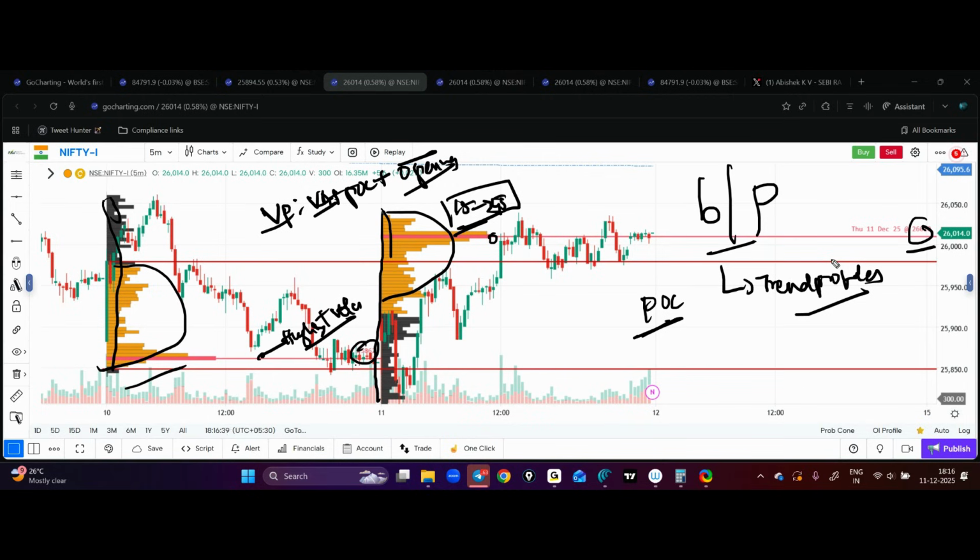When I see a B profile or a P profile, I also look at the closing price. A B profile is essentially when price opened at one end and closed lower, at the day's lows, with a B-shaped profile. This B becomes a distribution profile or a selling profile.